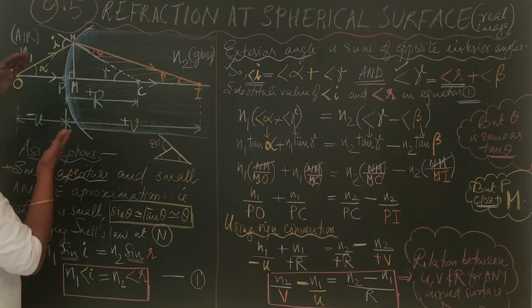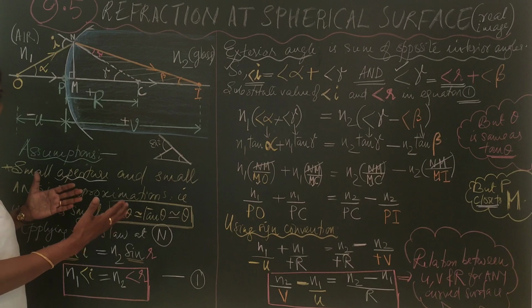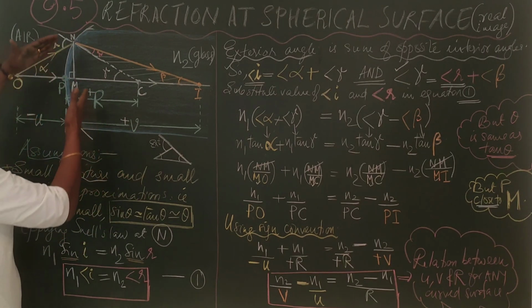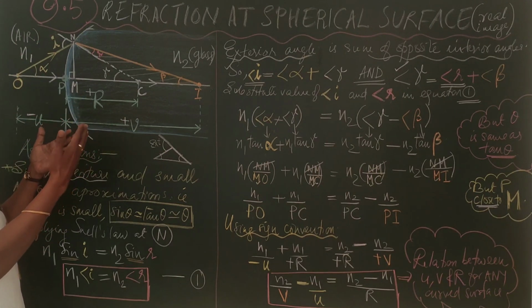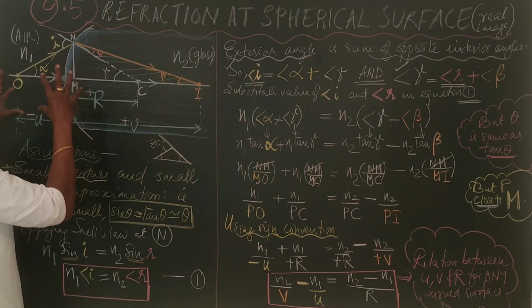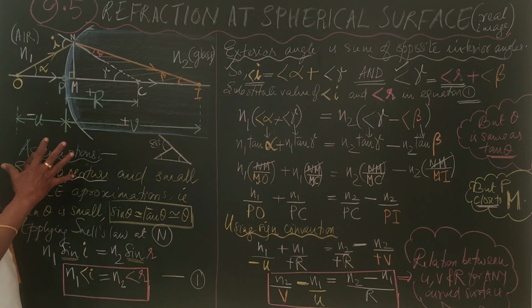The aperture is very small, which means you are taking such a big sphere and choosing a small portion of it so that it remains nearly linear, like a plane itself. But here I have shown it curved because the figure is a little small. Also, it's a magnified version.